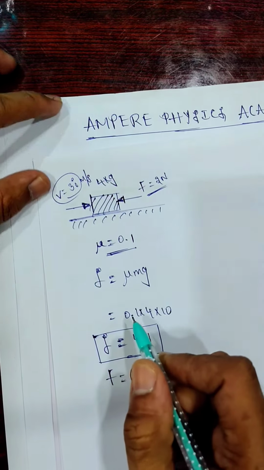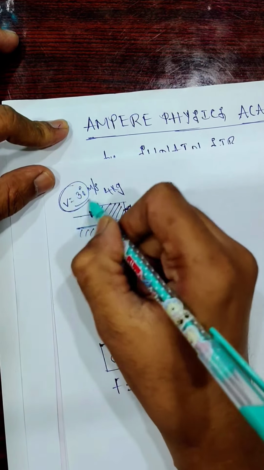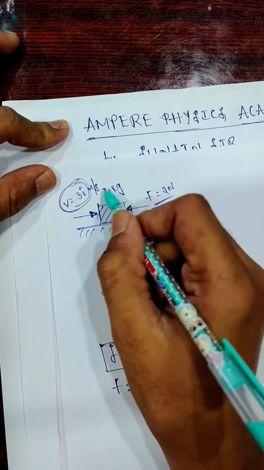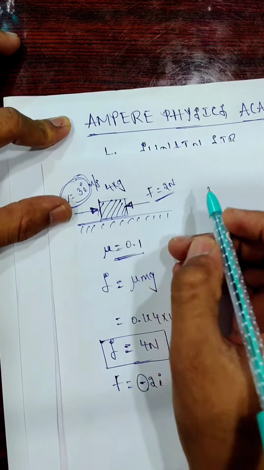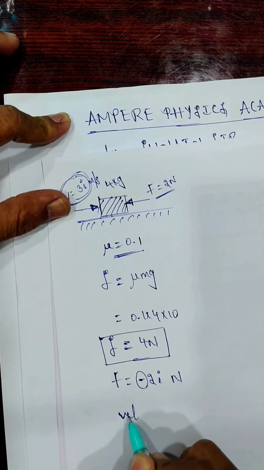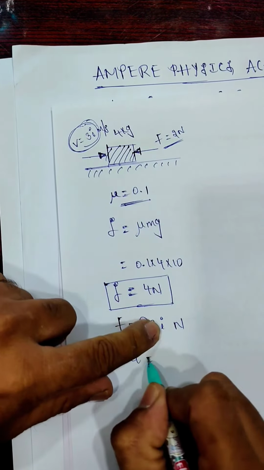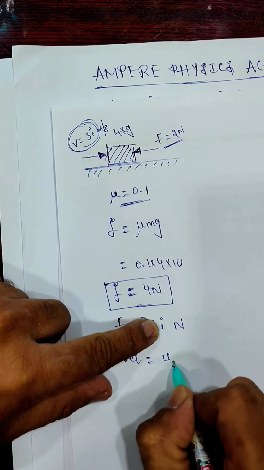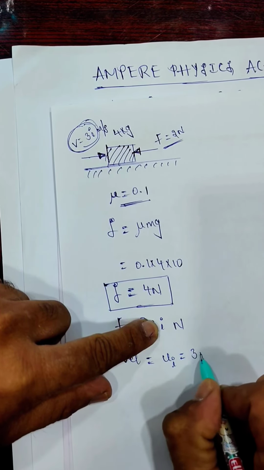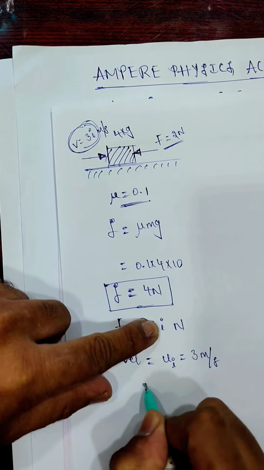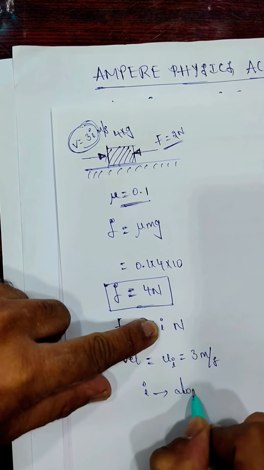The 3 i represents that the block is given a push of 3 meters per second along the positive x direction. So the initial velocity u equal to 3 meters per second, along the positive x direction.